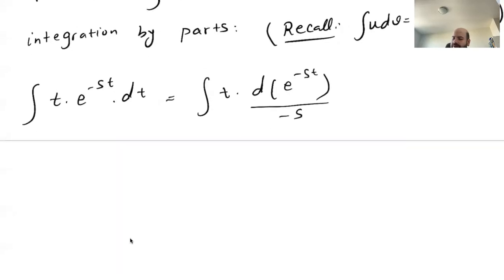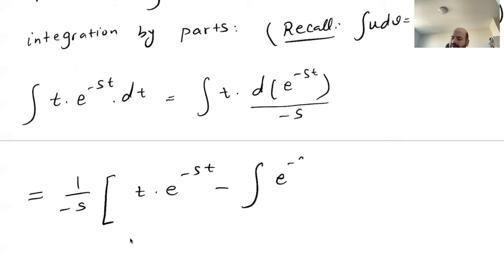So if we take the 1 over minus s out of the integral, then I can say uv, so t e to the power minus st, minus the integral of v du, where v is e to the power minus st, du dt.